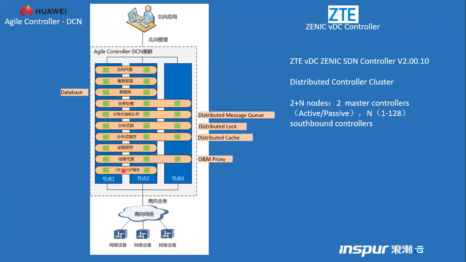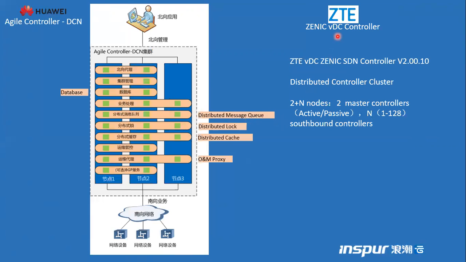Here you can see for master nodes, they only have two, node 1 and node 2. In these nodes, they run everything: database, northbound proxy, clustering, cache management, etc. But in node 3, they only run message queue stuff, no northbound, right?